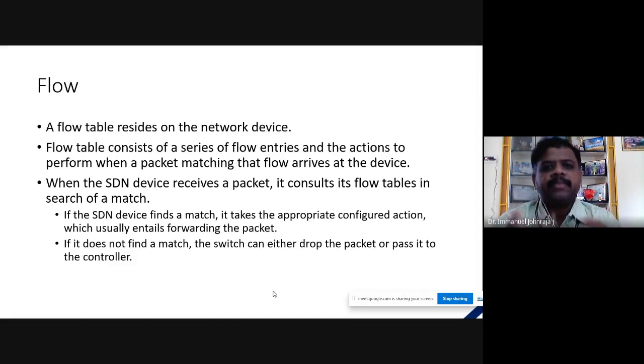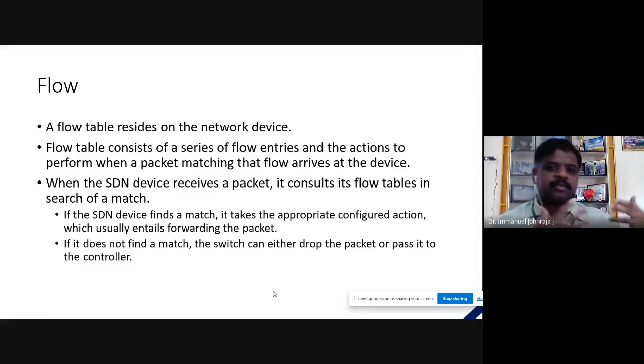The packet has to be forwarded out of this interface or that interface. That decision is taken. If there is no match, the switch can drop the packet, or, the second interesting point here, the packet is forwarded to the controller for the necessary decision.